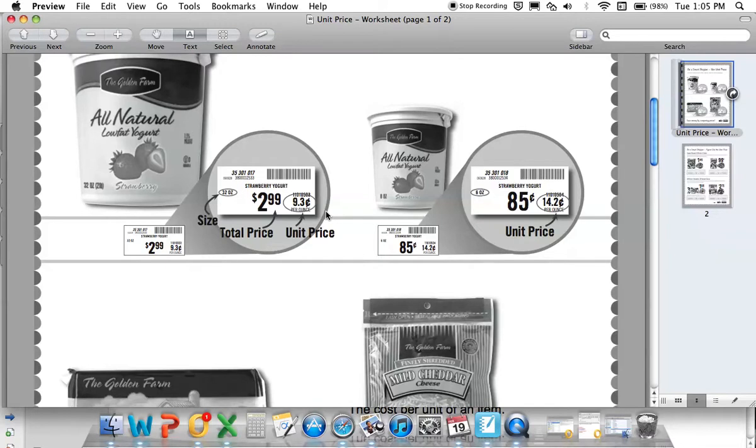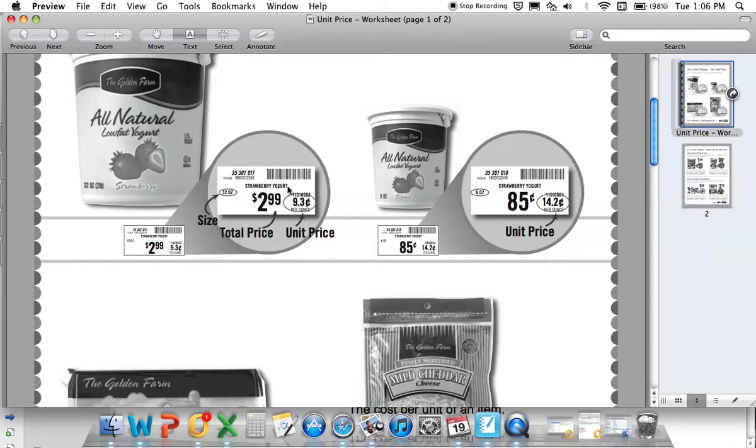Perhaps Kroger wants you to buy their products rather than the name brand product. They're going to put the Kroger brand right next to the name brand, and they'll say the Kroger brand has a better price per unit than the other. That way, you're getting more for your money.